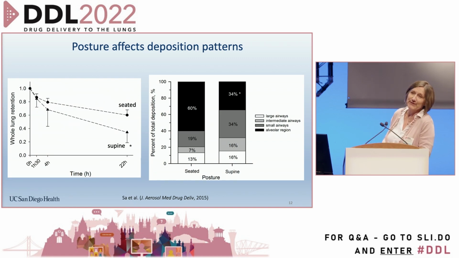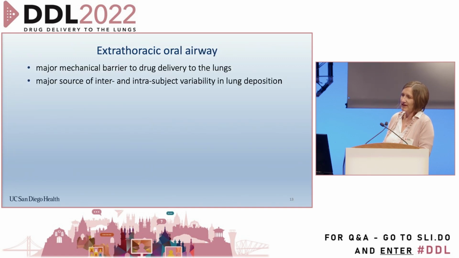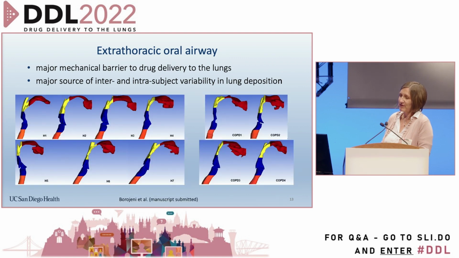But before your particles can actually deposit in the lung, the biggest mechanical barrier to lung deposition is deposition in the extrathoracic oral airway. It's a major source of not only intersubject variability, but also intrasubject variability. And this intersubject variability can be assessed in part by modeling, and our group has also done this using these different models.